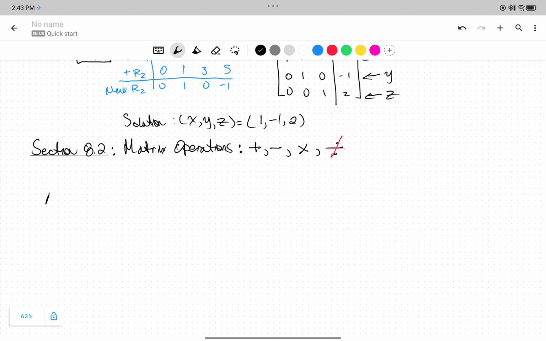So this is a matrix. And I'll just make up some numbers. It's not really too important. 0, 1, minus 5, 3, 7, 13, 11, 8, and 5.